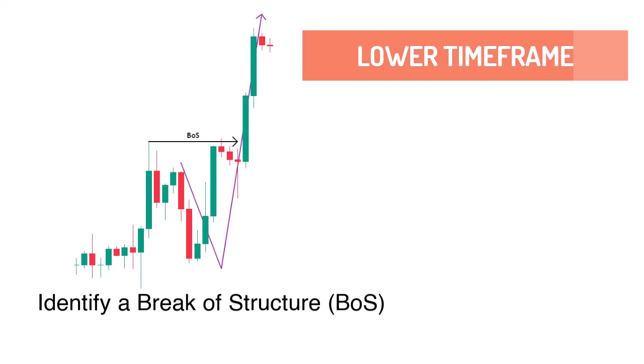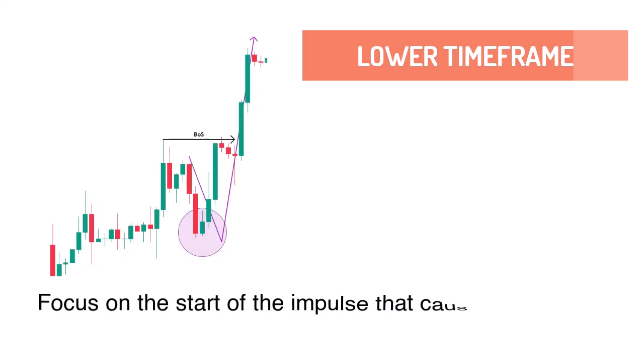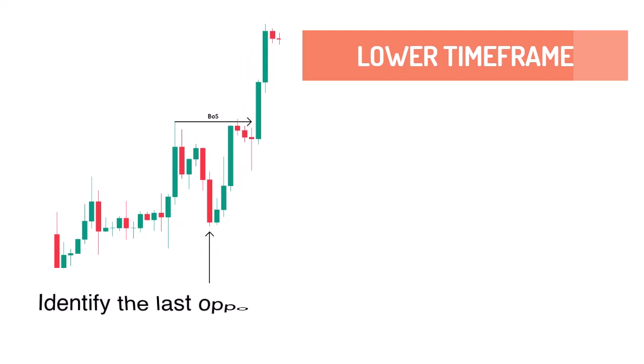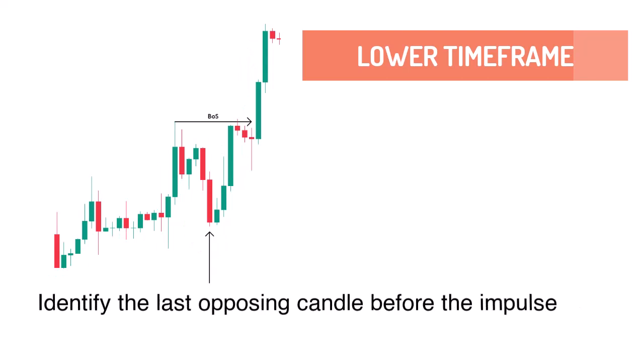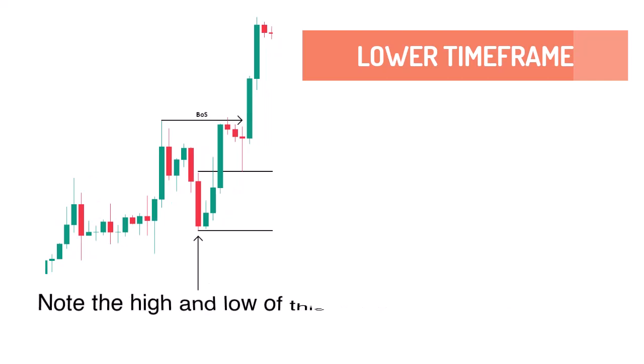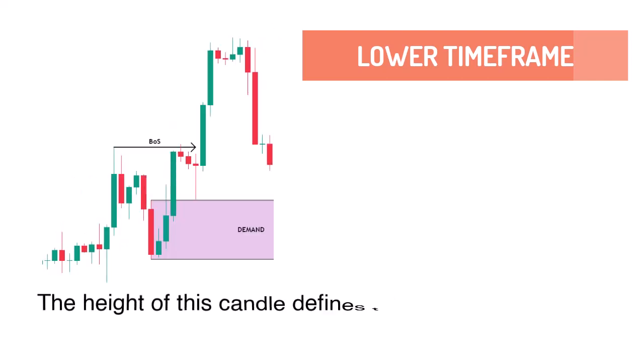Like I said during the downtrend movement, the origin of the impulsive movement is the main concern. The last opposing candle before the impulsive movement is our focus. So the height of this candlestick helps define the demand level, just like in the case of the supply level too.